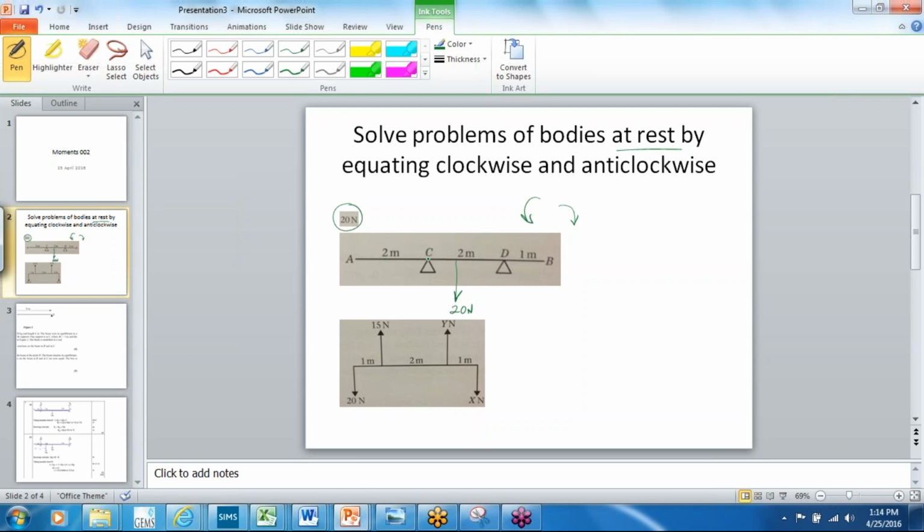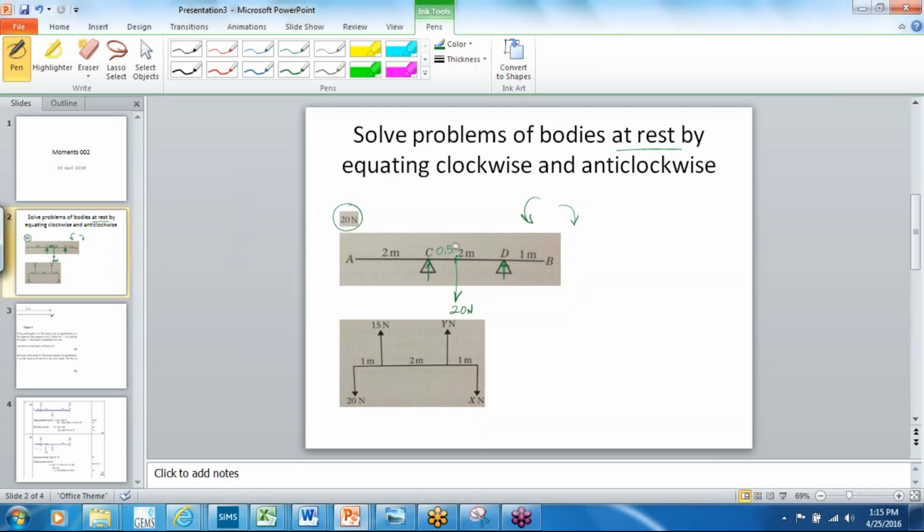Now that means that the force up at C and at D must add to equal 20 newtons. And they might not always be identical. So let's have a look at the distance here. This distance from here to here would be 0.5 meters.